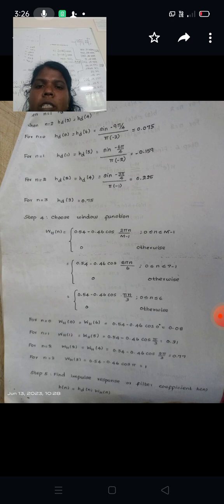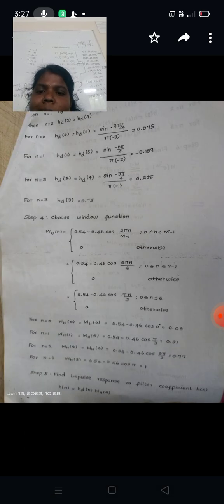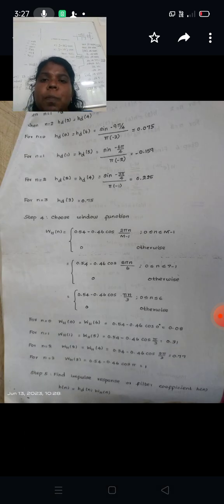Same for n is equal to 1, hd of 1 is equal to hd of 5, we got minus 0.159. For n is equal to 2, hd of 2 is equal to hd of 4, that is sin of minus 3 pi by 4 by minus pi is equal to 0.225. And for n is equal to 3, we already found that hd of 3 equal to 0.75. Okay, this is all about step 3.